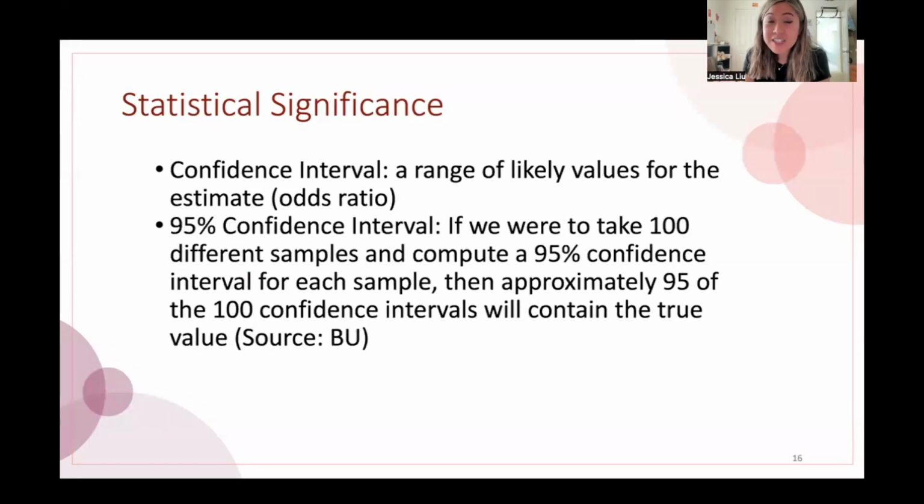Some more discussion about statistical significance other than just p-values. There's also what's called a confidence interval, which is a range of likely values for the estimate, in this case your odds ratio. In general, the 95% confidence interval is what we care about, because it means if we were to take 100 different samples and compute a 95% confidence interval for each sample, then approximately 95 of the 100 confidence intervals will contain the true value.